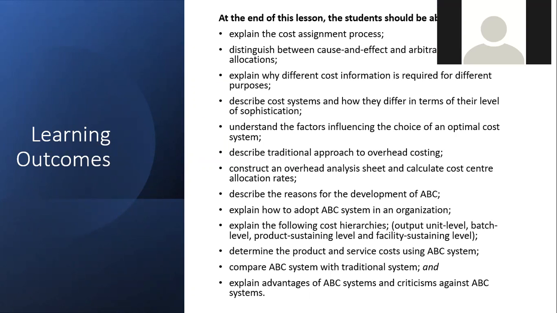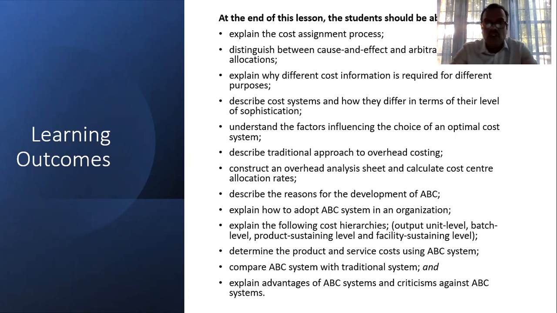So in summary, our learning outcomes are simple. They are identification of costs and assigning them to something called cost objects. Later we will discuss. By using different methods, those methods are divided into two groups, called traditional and activity-based.